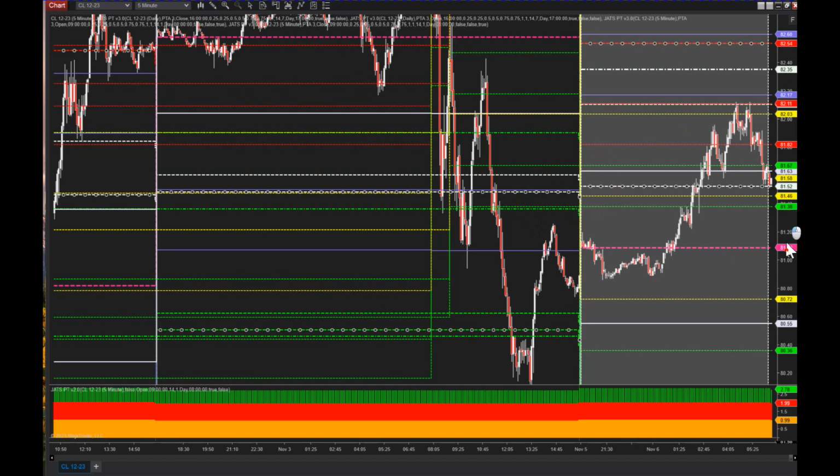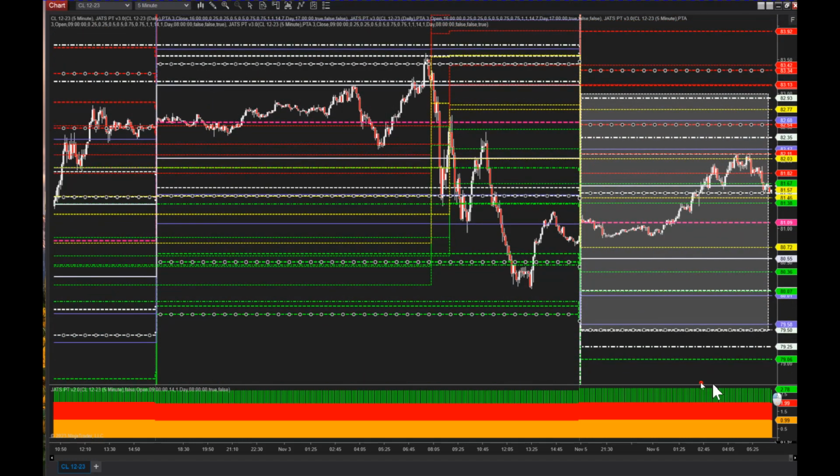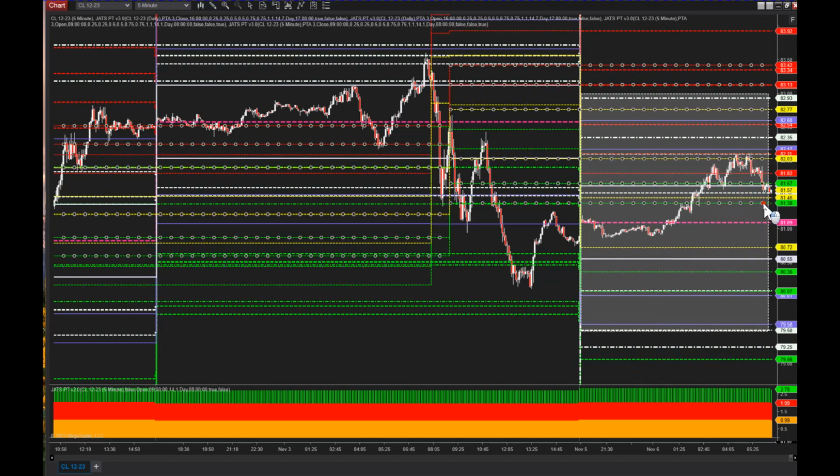So anything below the daily one will be a gap close after we get through the support at 46 and 38. And then potentially these lower areas.